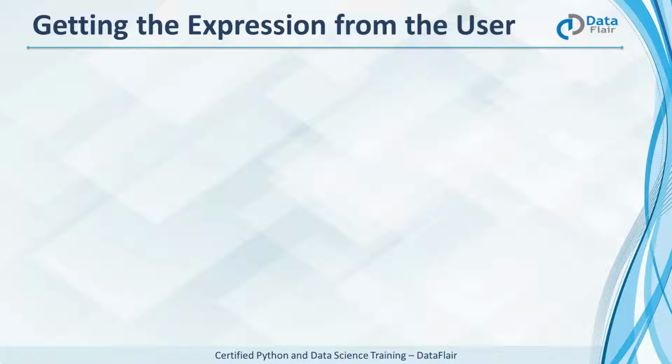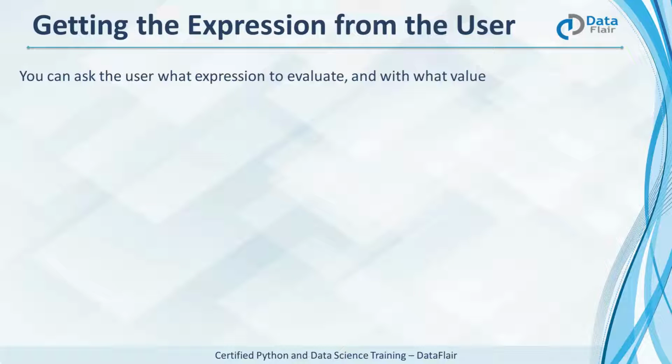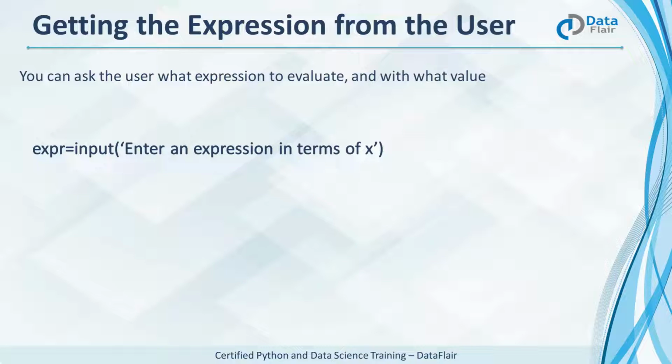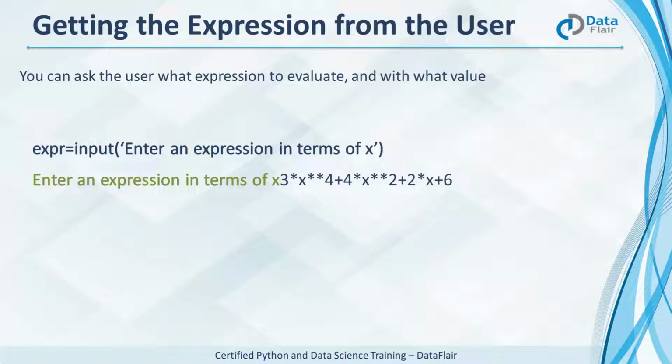Sometimes, based on certain conditions, we want the user to provide what to evaluate. We can also have the user provide the value to evaluate using the input function. It takes in an expression in terms of x, and we call it expr. This is the expression.